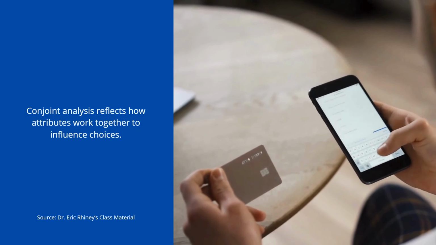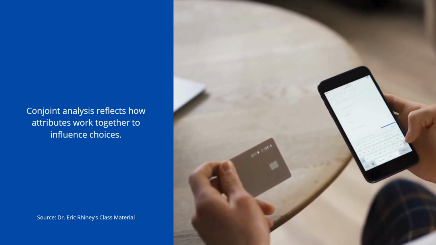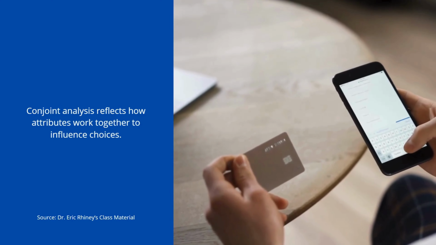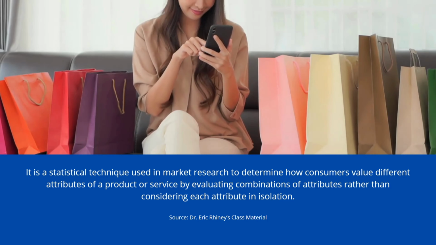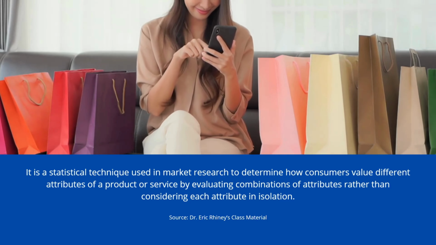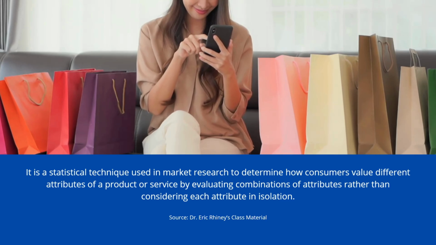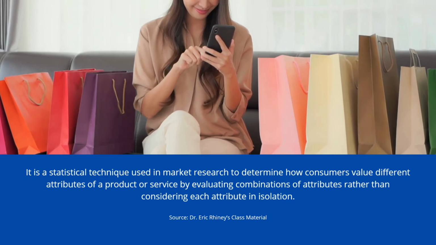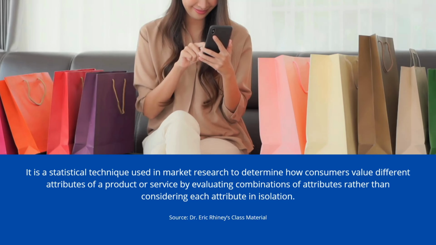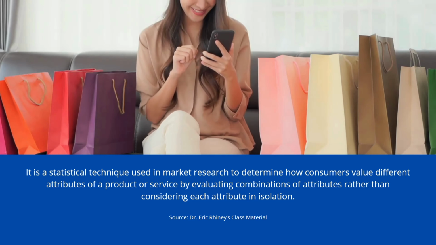Conjoint analysis reflects how attributes work together to influence choices. It's a statistical technique used in market research to determine how consumers value different attributes of a product or service by evaluating combinations of attributes rather than considering each attribute in isolation.